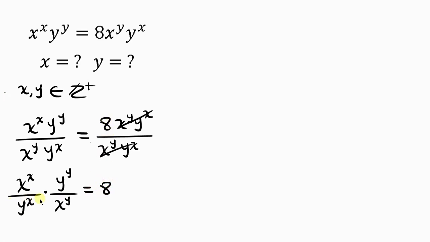Now, according to the property of indices, when I have, for example, a to the m all over b to the m, as long as they have the same exponent, the property of indices says we can group the exponent so that it becomes a over b all raised to the m.